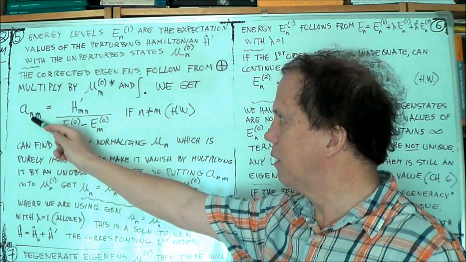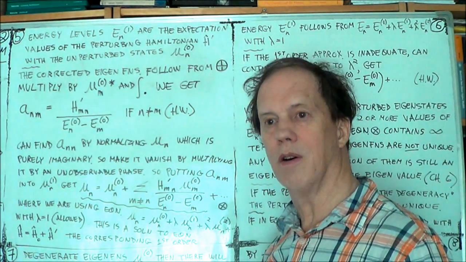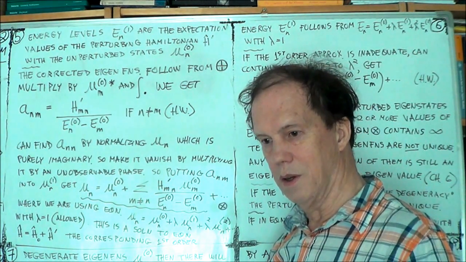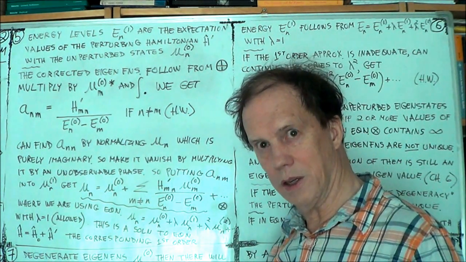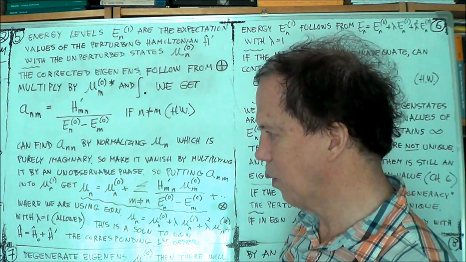So this becomes the coefficients of the first order correction to the eigenfunctions from previous, the weighted sum.